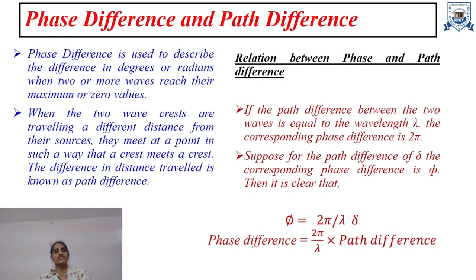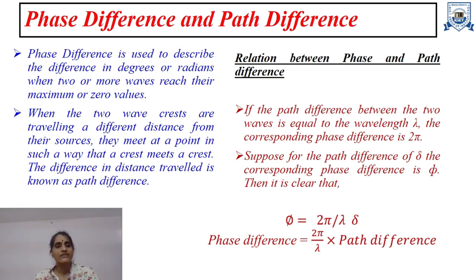Now, a basic definition: what we call phase difference and path difference, and the relation between them. We normally denote the phase difference by phi and the path difference by delta. Phase difference describes the difference, in degrees or radians, when two or more waves reach their maximum or zero values.